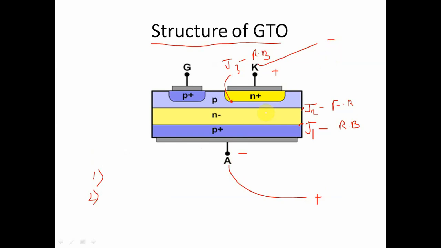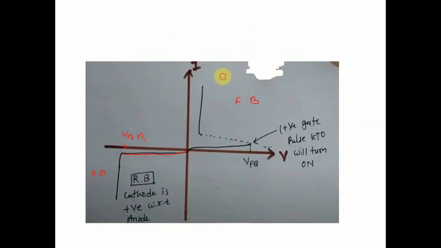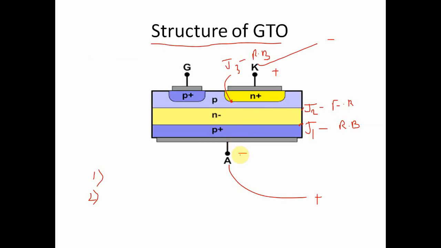Look here, in forward biasing, the anode is positive with respect to the cathode.